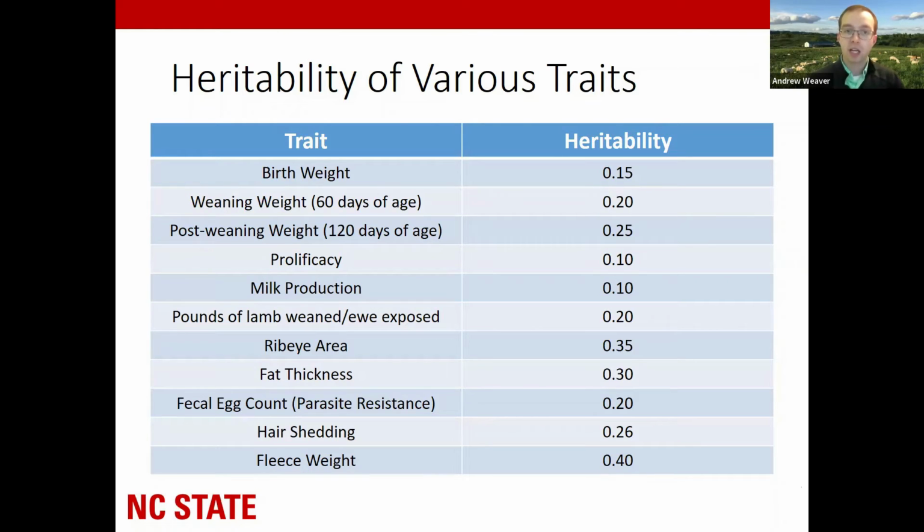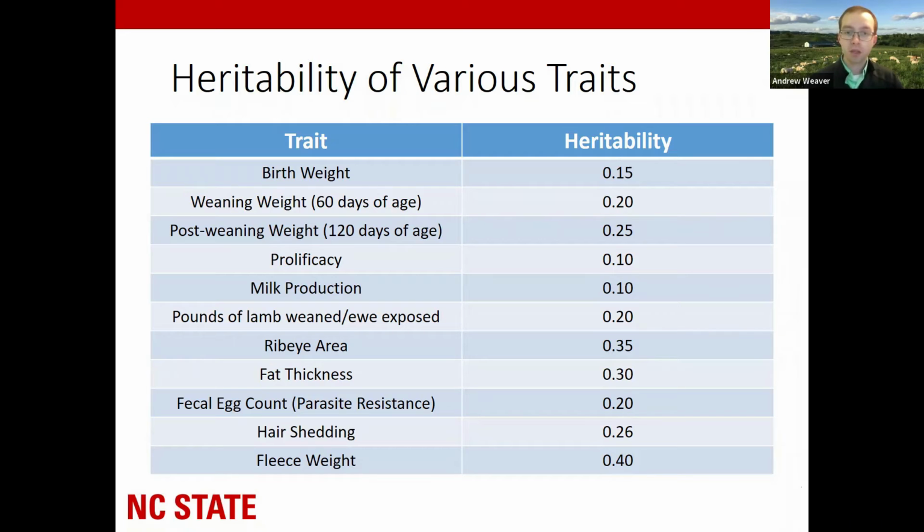So here's the heritability for a variety of different traits. Our weight traits, like birth weight, weaning weight, and post-weaning weight, are what we call moderately heritable. They range from about 0.15 to about 0.25. So 15 to 25% of what we observe in those traits is a result of genetics. The rest is all environment. Our reproductive traits like prolificacy or milk production are lowly heritable, about 10%. So 90% of what we observe in prolificacy, whether an animal is born a single, twin, or triplet, is controlled by environment.